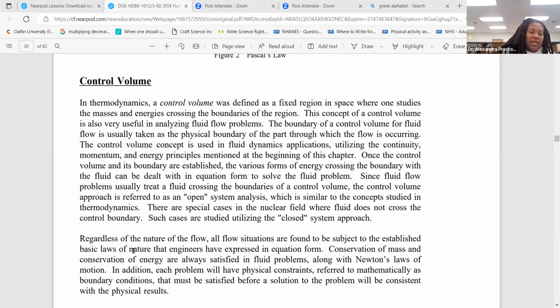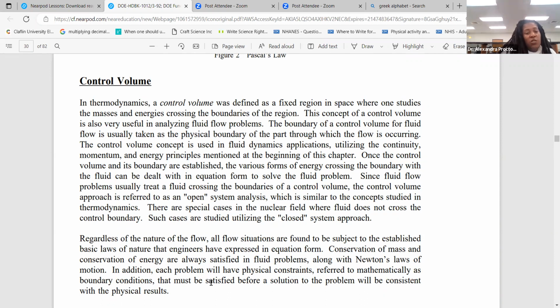Regardless of the nature of the flow, all flow situations are found to be subject to the established basic laws of nature that engineers have expressed in equation form. So conservation of mass and conservation of energy are always satisfied in fluid problems, along with Newton's laws of motion.